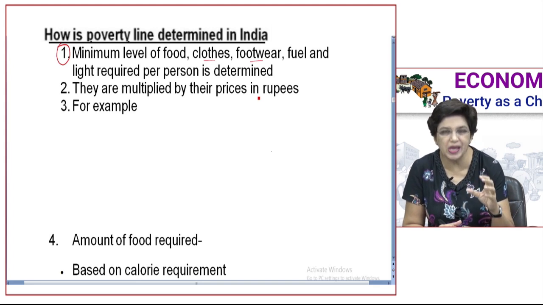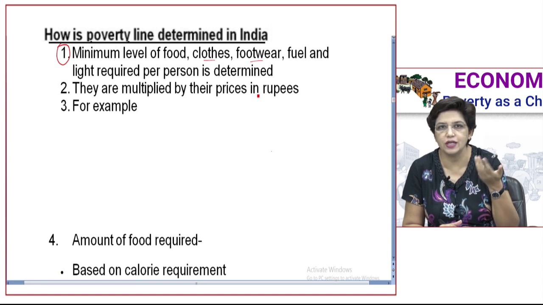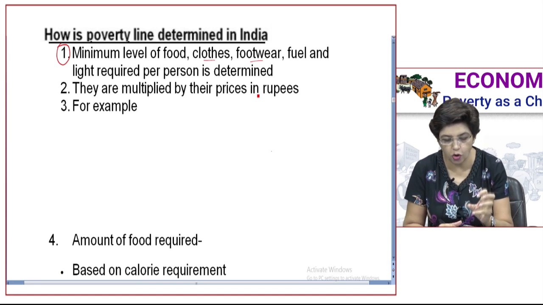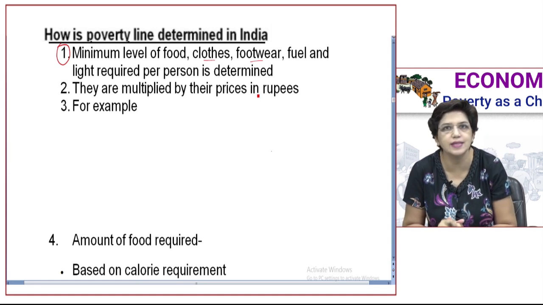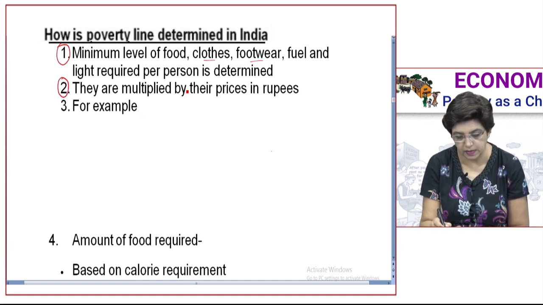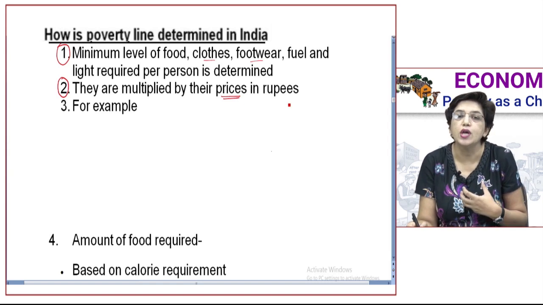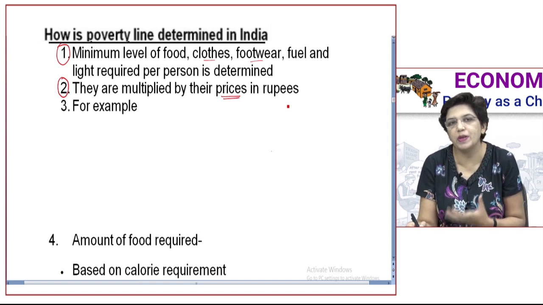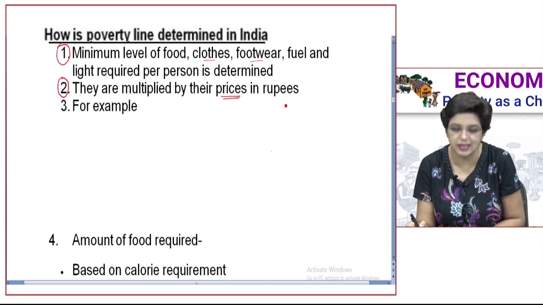So first of all, the basic minimum level for basic subsistence, not for luxury, how much of these items are required is determined. Then the second step is these items are multiplied by their prices in rupees to determine how much money people need for the bare minimum subsistence level.